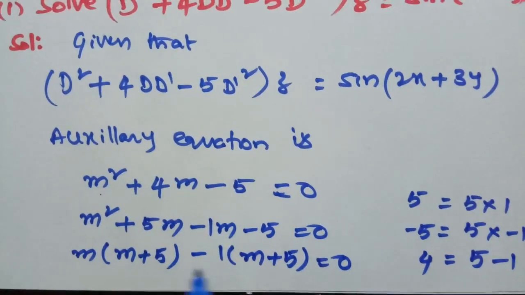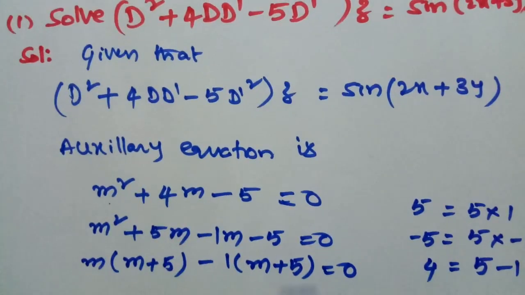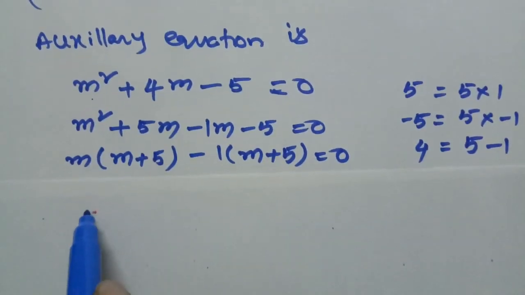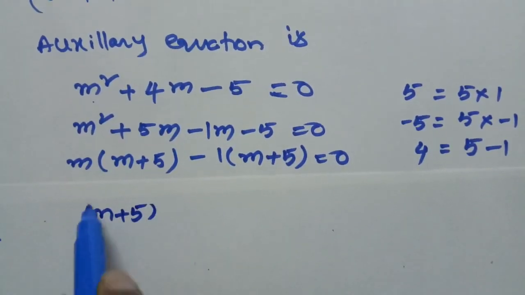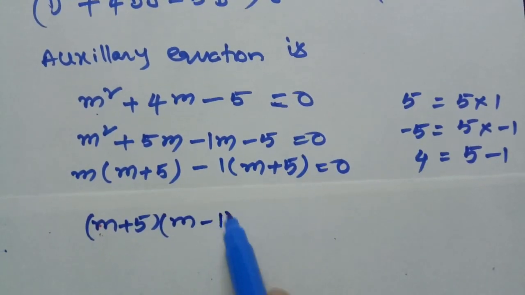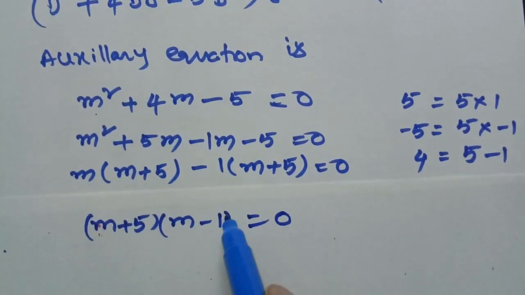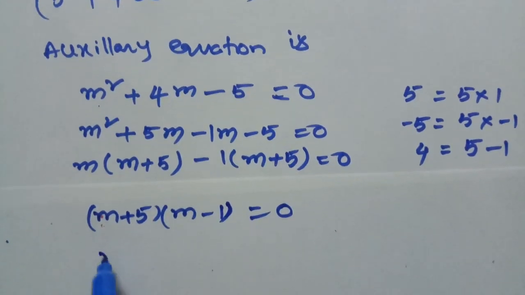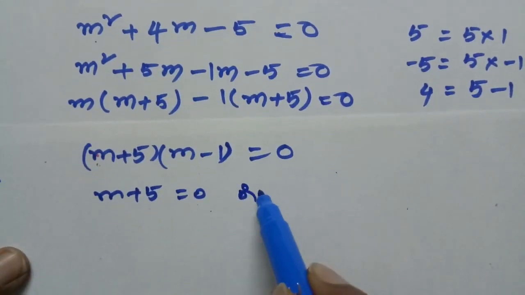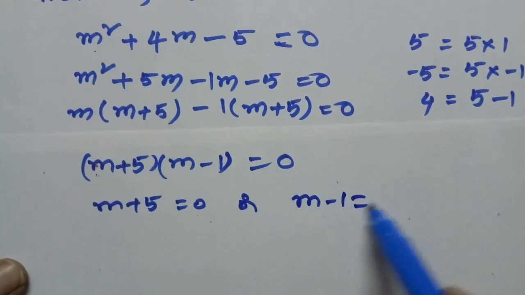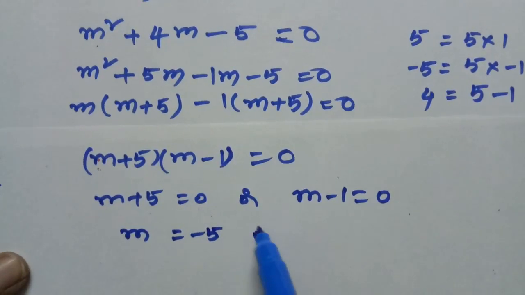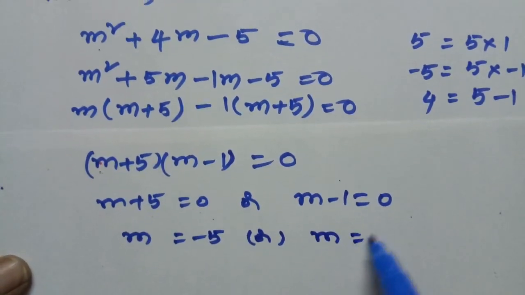Therefore, m plus 5 is a common factor, and m and minus 1 are the remaining factors. Therefore, this can be written as m plus 5 is equal to 0 or m minus 1 equal to 0. Therefore, m is equal to minus 5 or m is equal to 1.